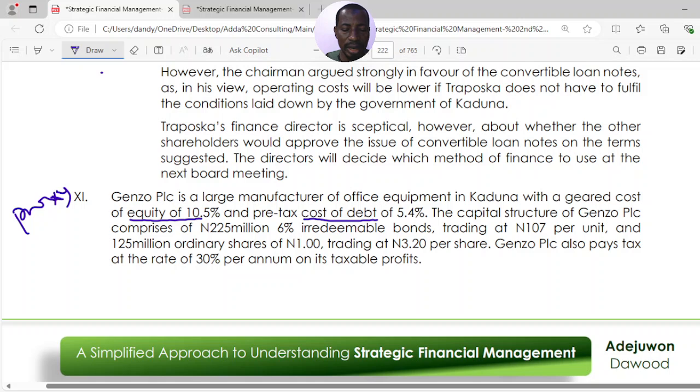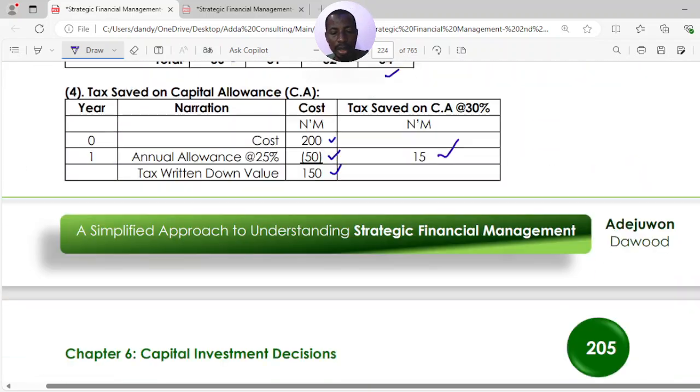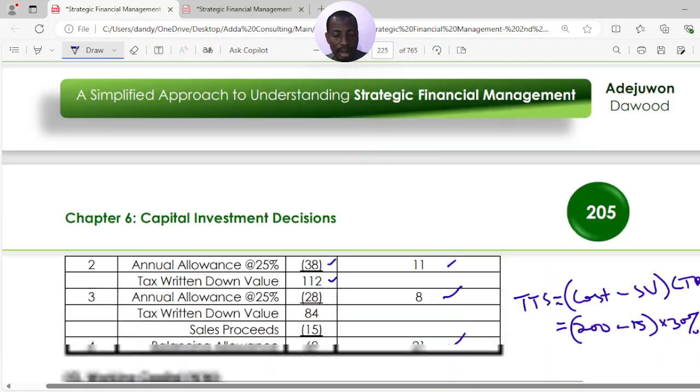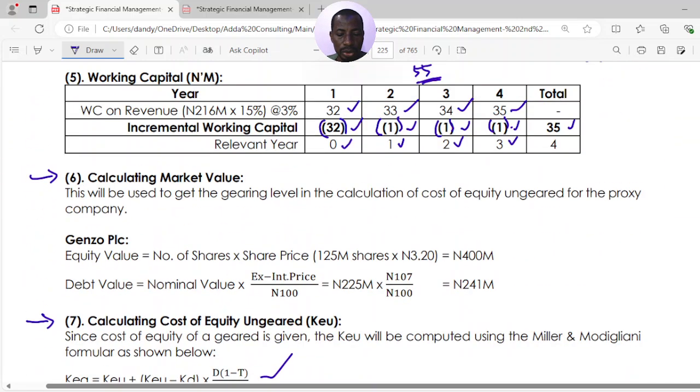Therefore, I need to multiply 125 million by 3.2. That will give me the market value of equity. So the value of equity, 125 million multiplied by 3.2 naira, will give us 400 million naira.